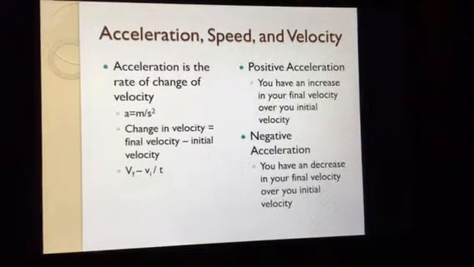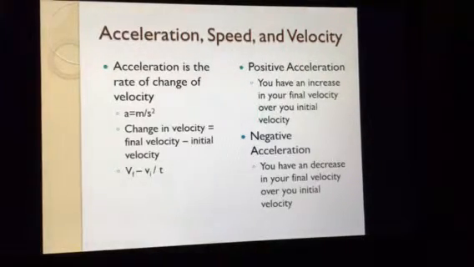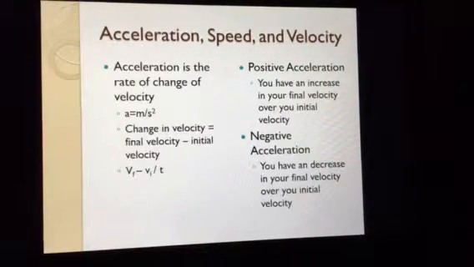If you are slowing down, so say my initial velocity was 50 meters per second, and I went to a stop. Well, if you're stopped, you're at 0 meters per second. That would be an example of negative acceleration. And so your answer will actually be negative in this case.